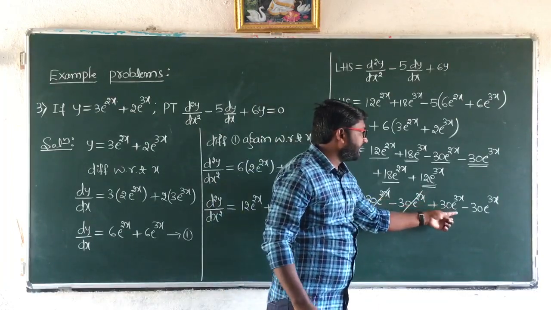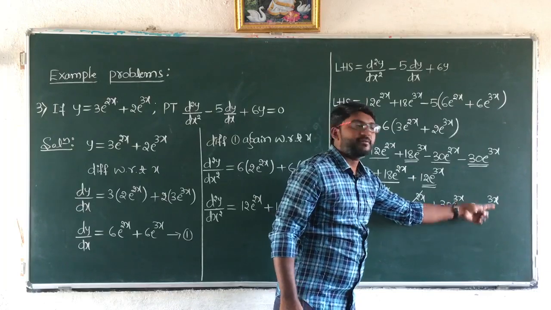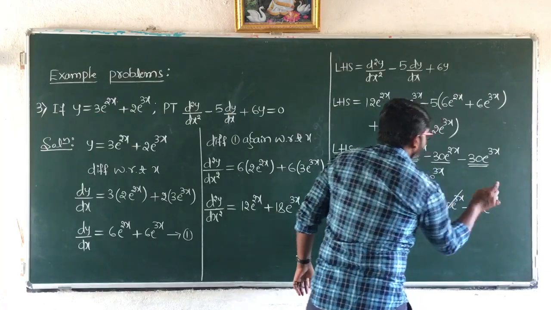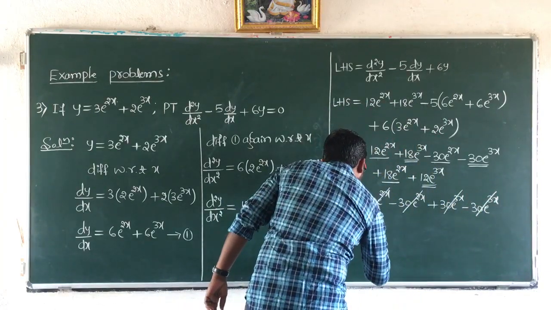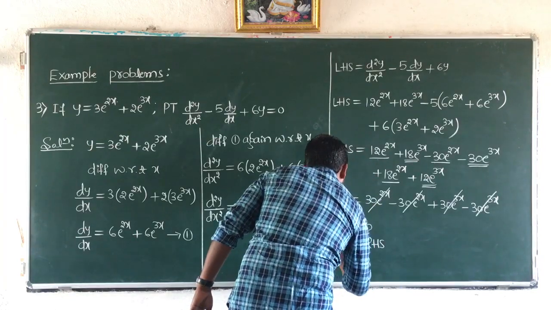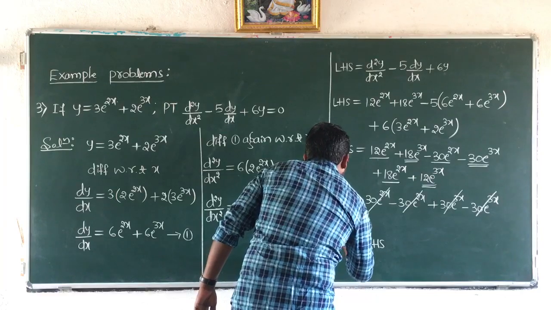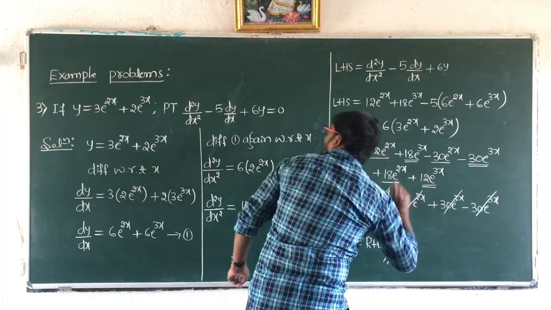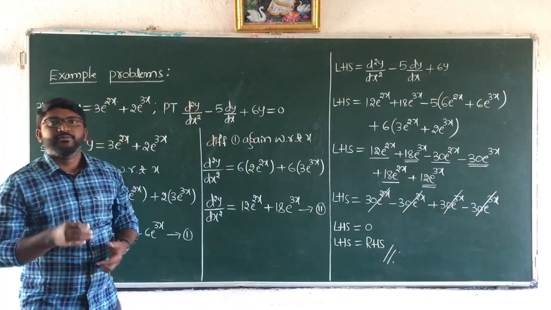Then plus 30 e to the power 3x and minus 30 e to the power 3x. These two get cancelled. The answer is 0, which is the required RHS. This is all about the third example problem.